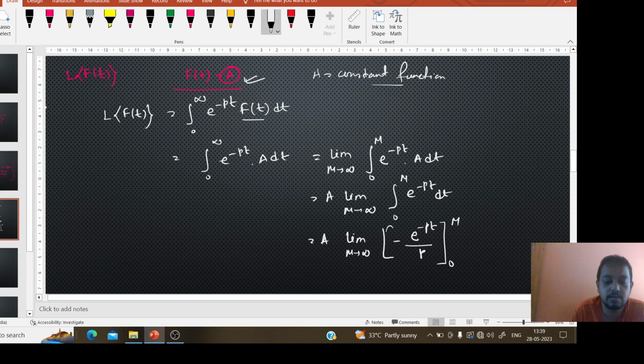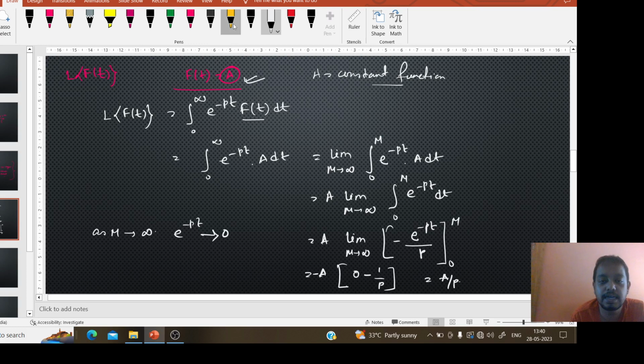Now if we put in the upper and lower limits, as m tends to infinity, e to the power minus pm tends to 0. So it will be a into 0 minus, and putting the lower limit 0, minus 1 by p, and if we simplify we get a by p.